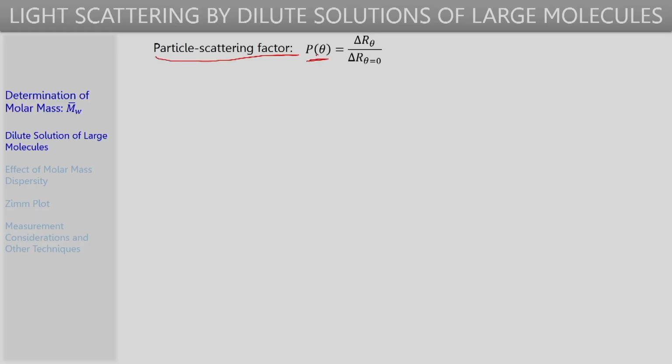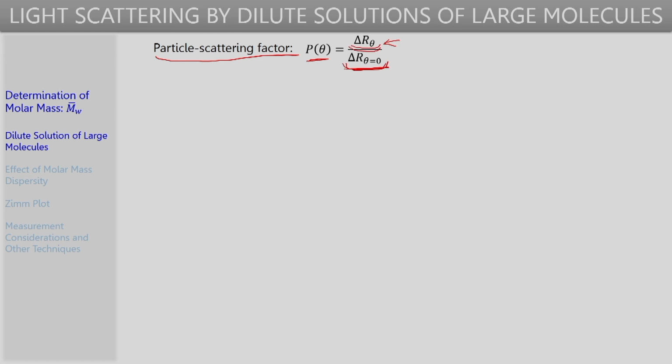So to account for such effects, this particle scattering factor P theta was introduced as the ratio of delta R theta by delta R at theta equal to 0. Here delta R theta is the excess Rayleigh ratio as measured at a scattering angle theta, and the denominator is the excess Rayleigh ratio measured at scattering angle theta equal to 0.